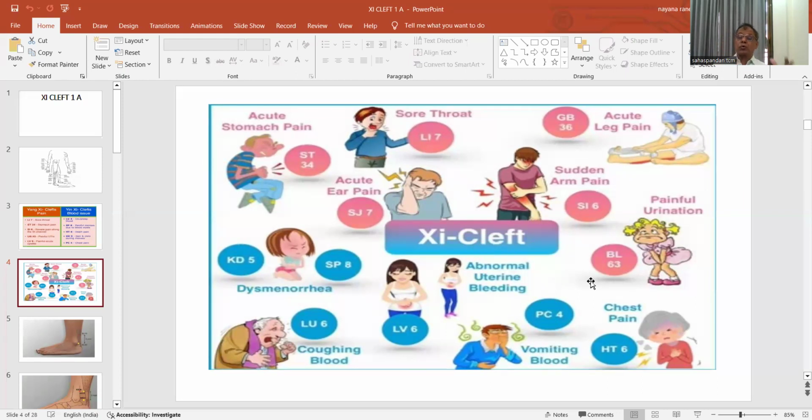Okay, so gallbladder 36, the pain along the gallbladder channel. Liver 6 is for the painful period, excessive menstrual bleeding, and painful urination. Is painful urination there? Excessive menstrual bleeding there? Or painful period there? Apply liver 6. Remember liver 6. Don't forget.